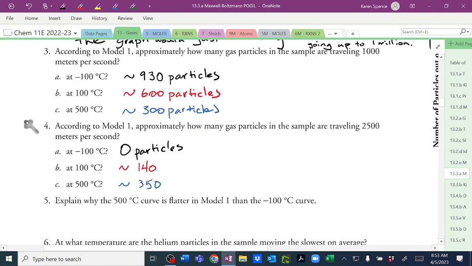Explain why the 500 degrees Celsius curve is flatter in Model 1 than the 100 degrees Celsius curve. This is actually fairly difficult to explain. I really like an explanation that I have for it because it's got pictures in the next worksheet, 13.3b, so we might just leave that for a moment.